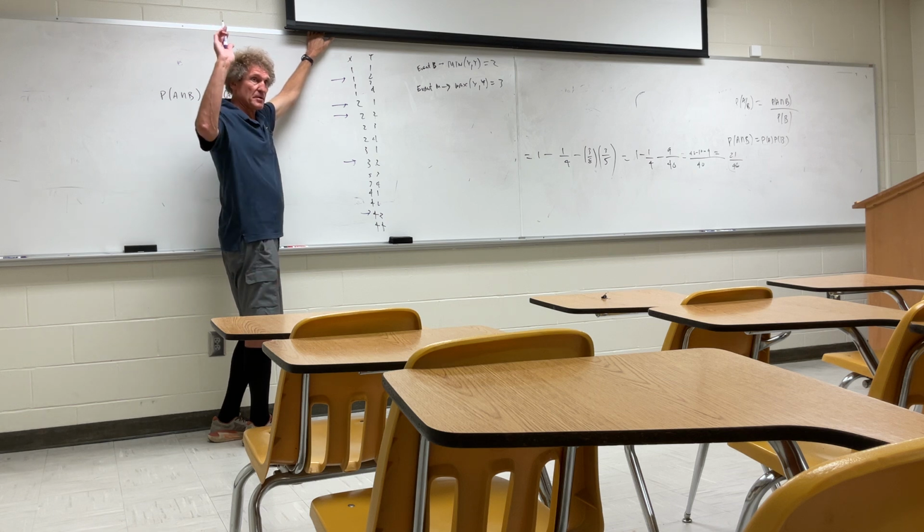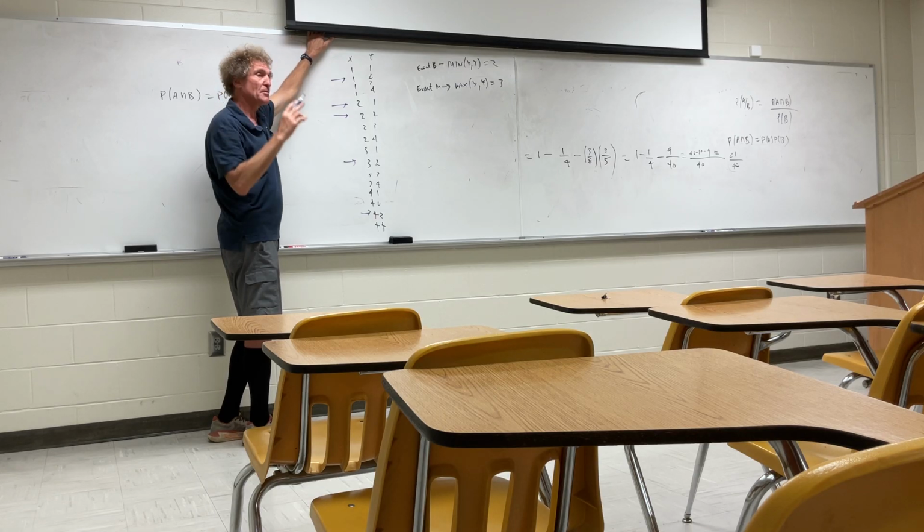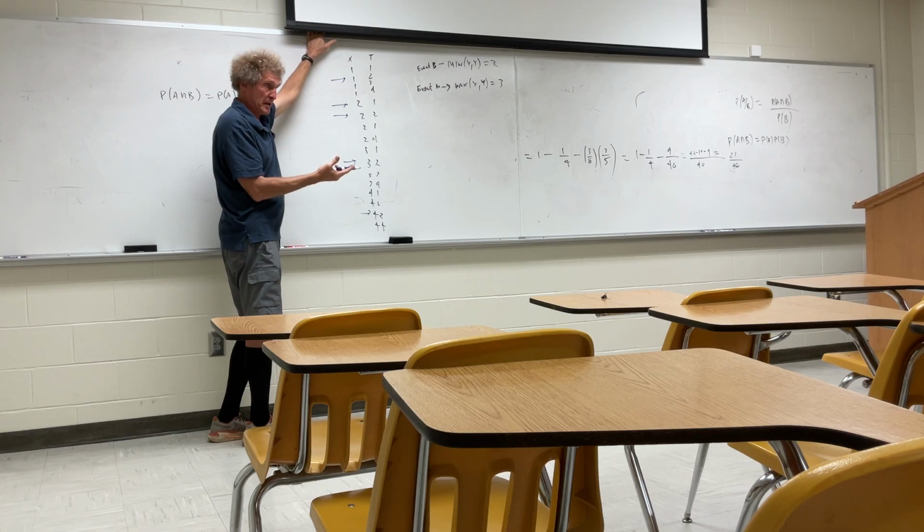I'm really making an effort to show you this. When it says minimum, it means you can't have a 1. You've got to have something with at least a 2 in it. Minimum of 2. That's what it means.